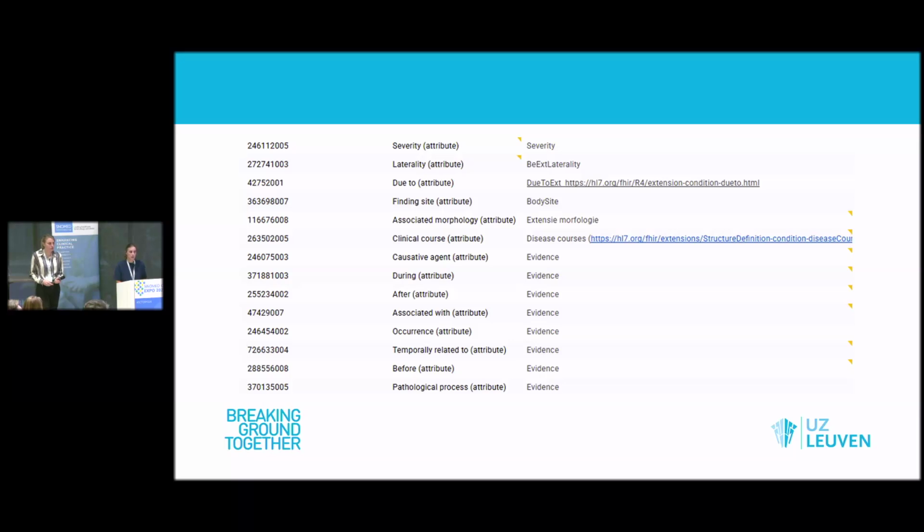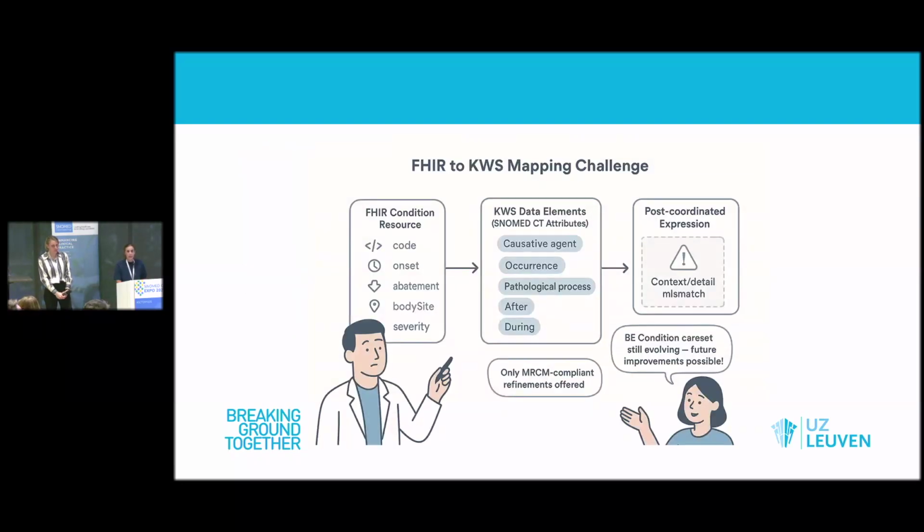This is just an example. The severity attribute is mapped to the data element severity of the FHIR resource, laterality to BE extension laterality, and so on.